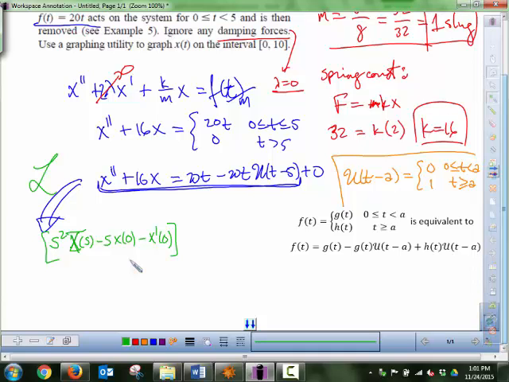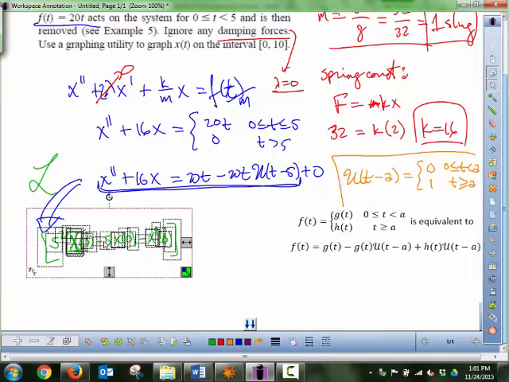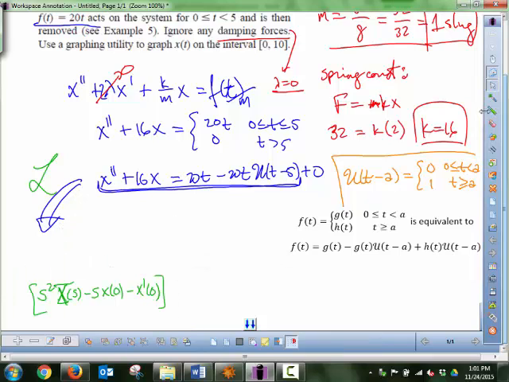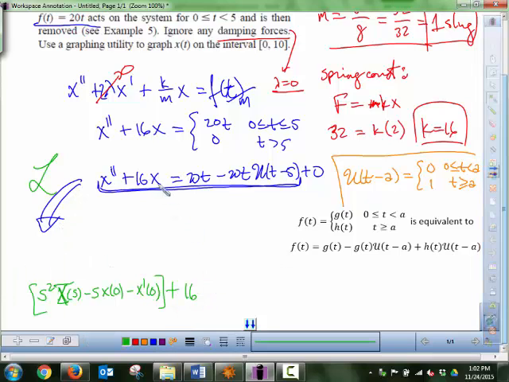So that's our x double prime. And then now I have a 16 times x, so that's just X. And then now let's translate our right-hand side into the S world. The t transforms to 1 over what? s minus a.